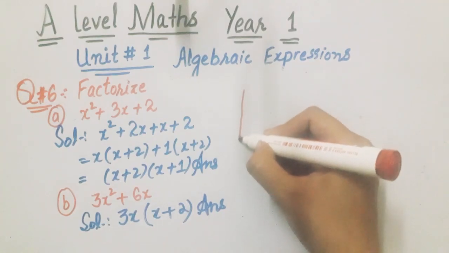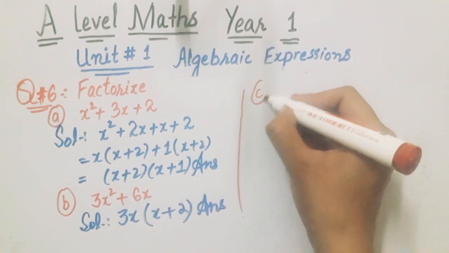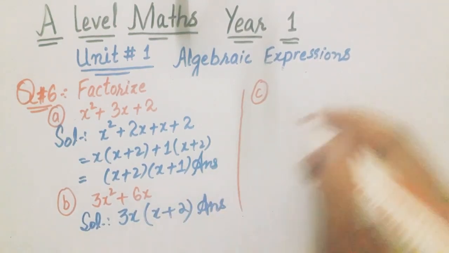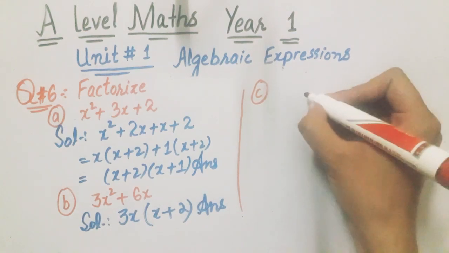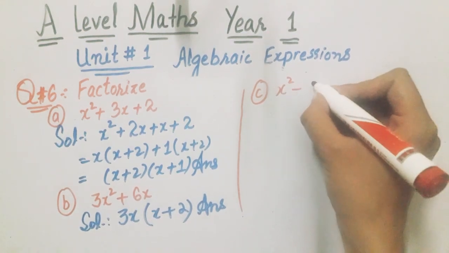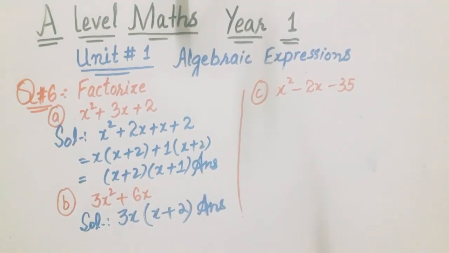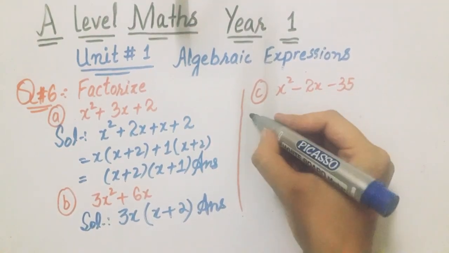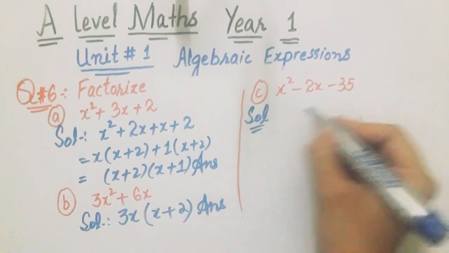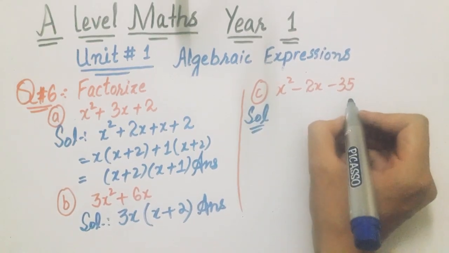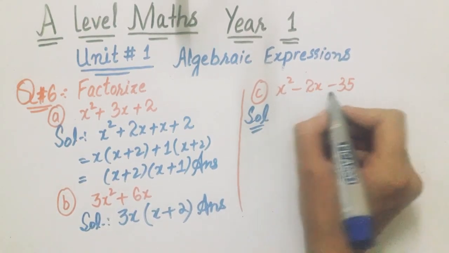Now we will solve the C part. x square minus 2x minus 35. So we will make the factors of 35 such that when they are subtracted give 2.